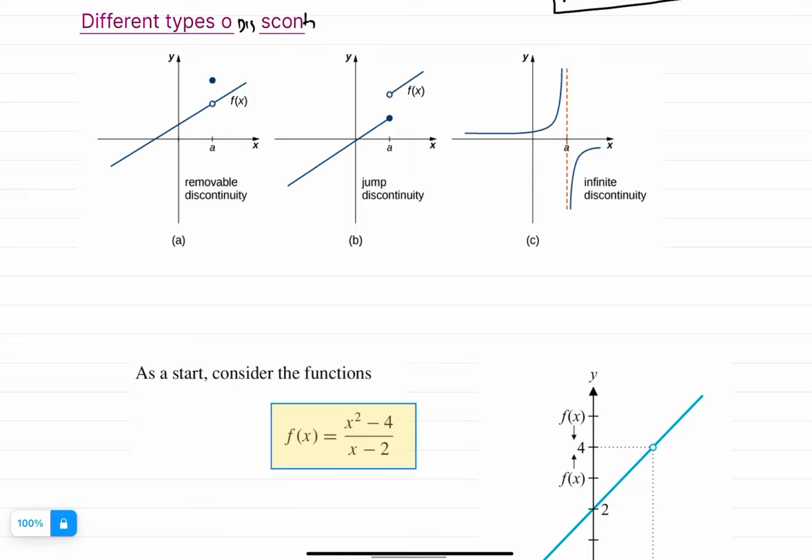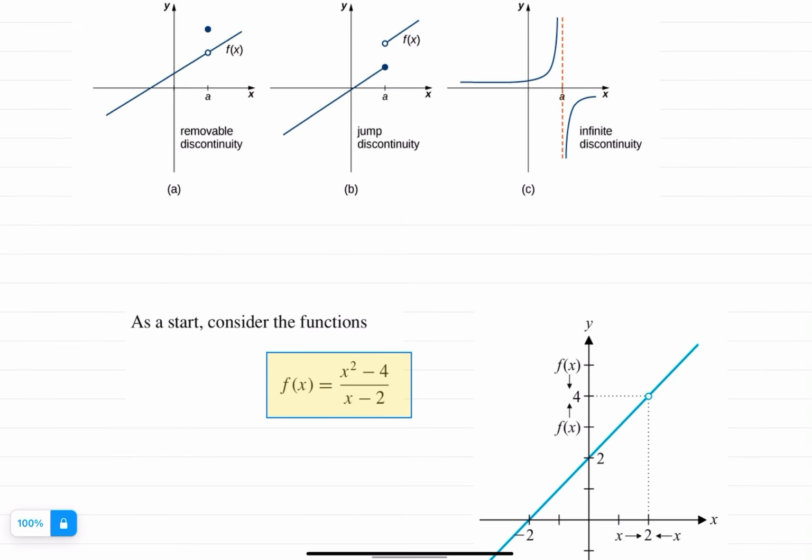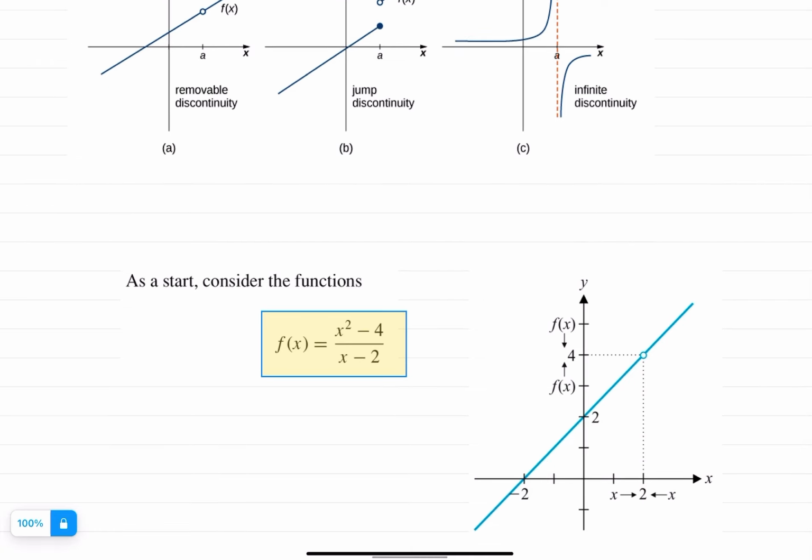Let's take an example of a function f(x) equal to (x squared minus 4) divided by (x minus 2). I have made a graph for this, and here you can see there is a hole. So this is a type of discontinuous function. It is not continuous, there's a gap.